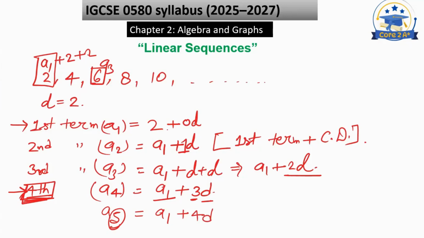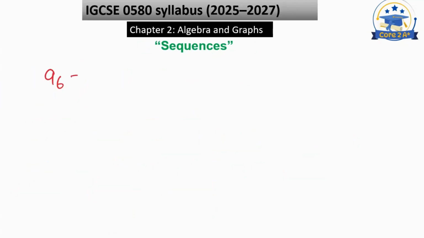Now, are you following the pattern? Similarly, if I want to know A6, the sixth term, A1 plus how many times do we need to add D? If it is 6, just subtract 1, 5D. A7, how can we get A7?